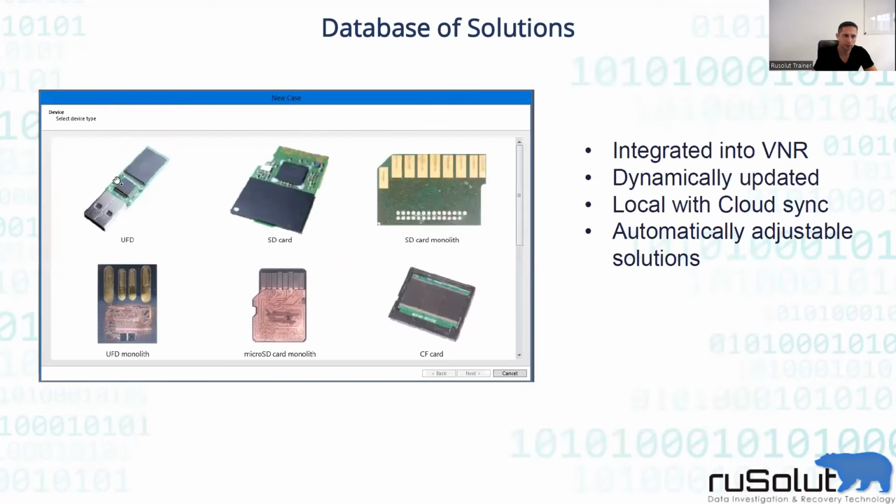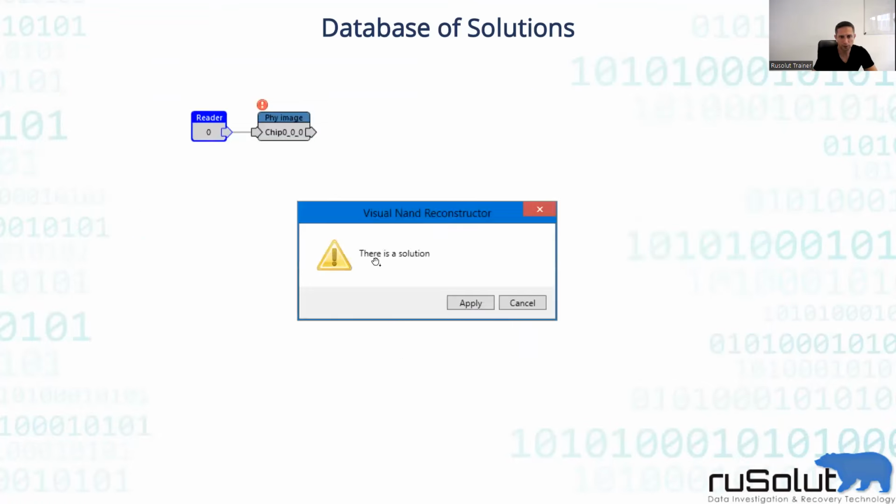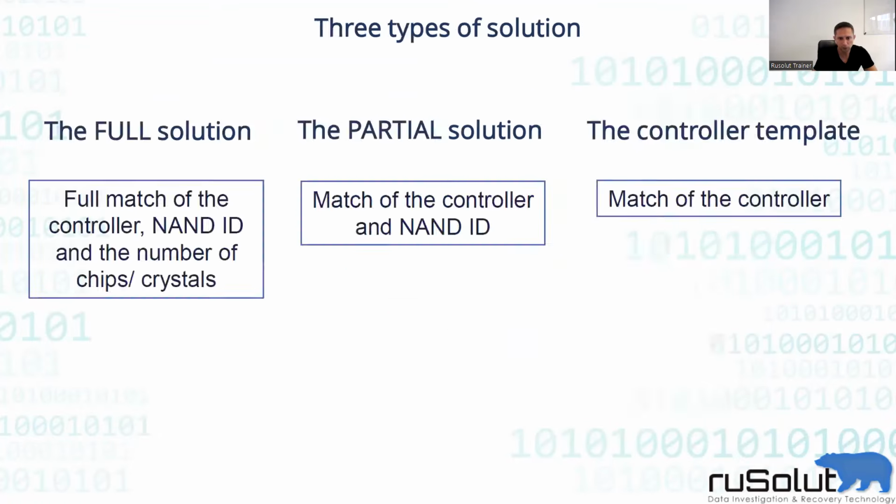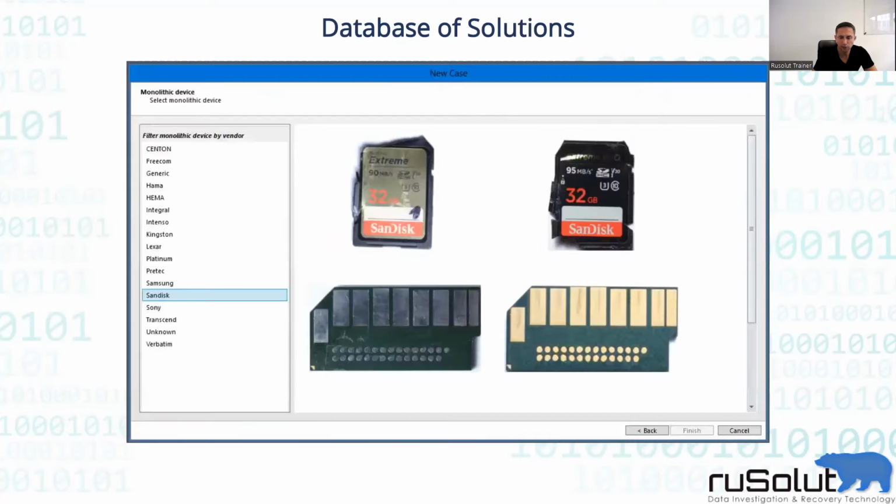But if you are dealing with a normal, let's say standard device, where you have separate chips for controller and NAND memory, then you will be asked to select the vendor of the controller and the controller model.